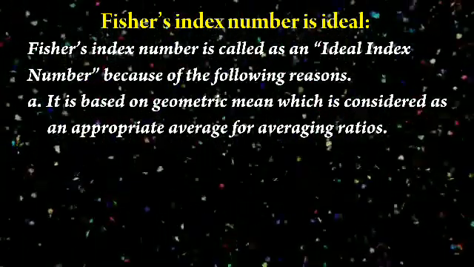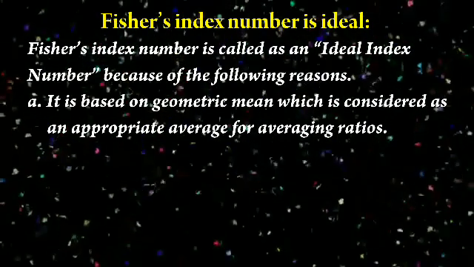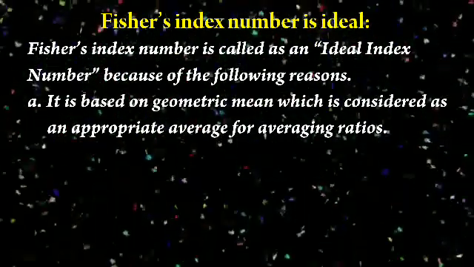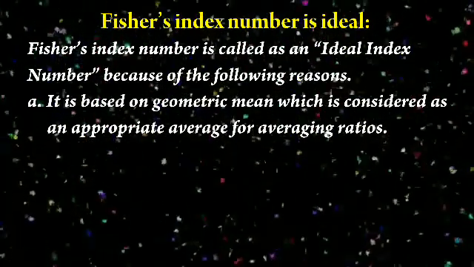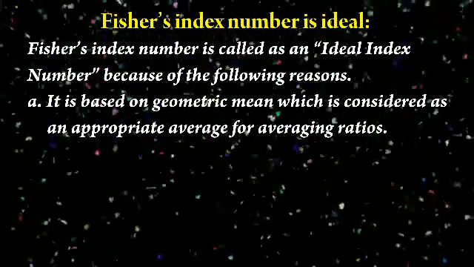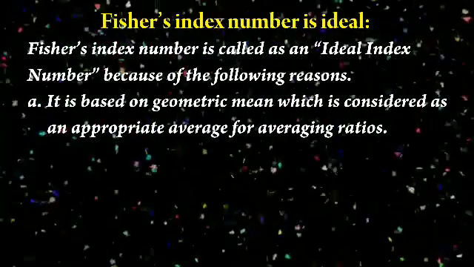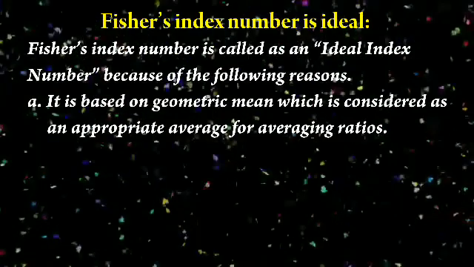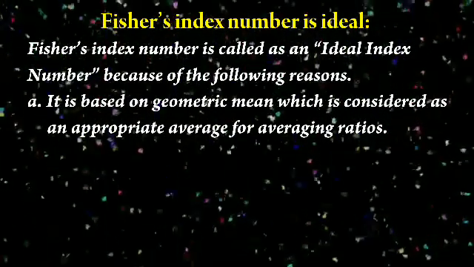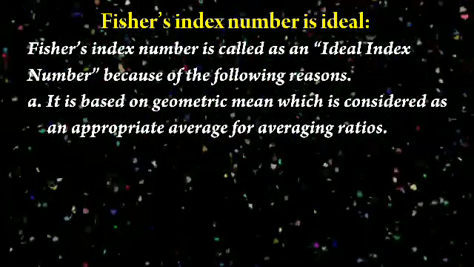So that's the reason why Fisher's index is called the ideal index number, mainly because it is constructed based on relative changes, where geometric mean is an appropriate average for ratios and relative changes.